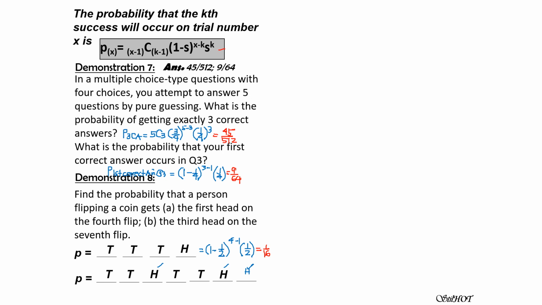The power is x minus k. X minus k is 7, because x is 7, minus k. K is 3, because there are 3 successes, and the third success occurs at the 7th trial. So that's the meaning of that. So x minus k, 7 minus 3 is still 4. And we can see it here that there are 4 failures, right?